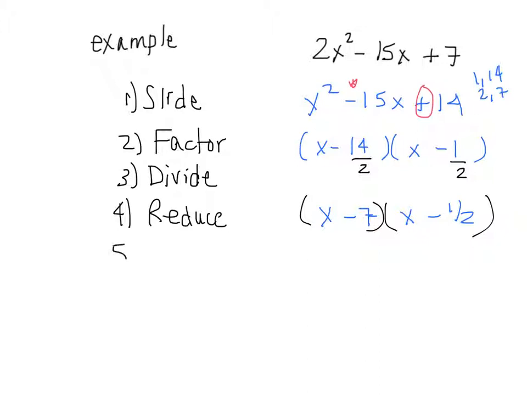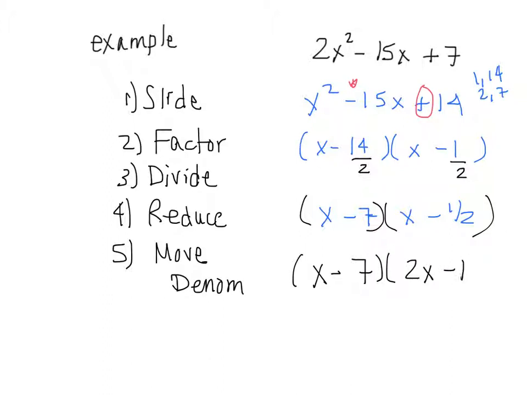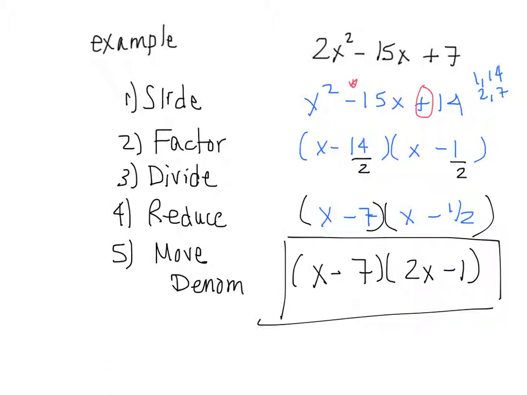And last but not least, fifth step is to move our denominators. I'm left with x minus 7 times 2x minus 1. And if you ever need to check it, go ahead and FOIL back and check your work.